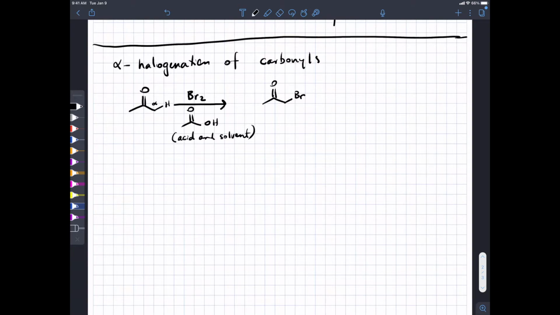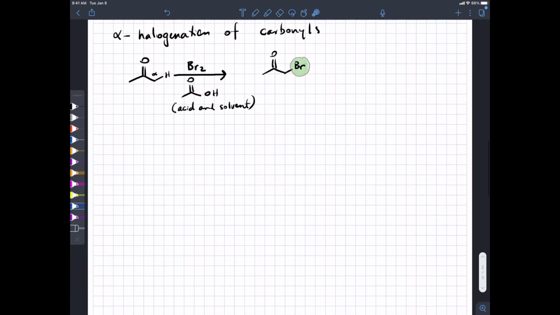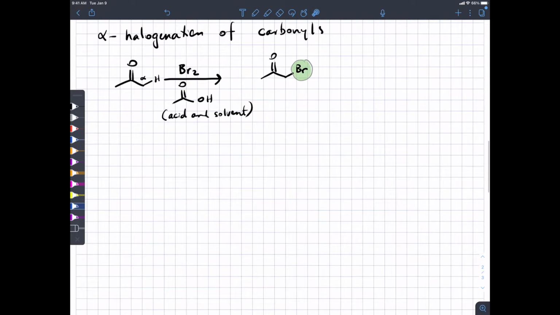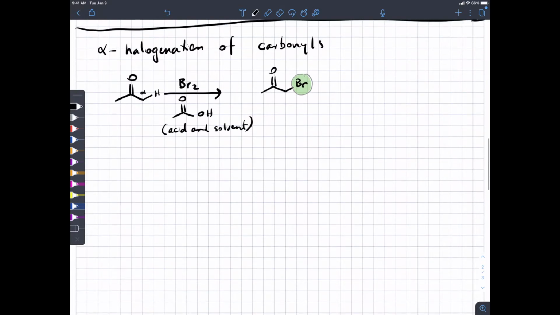And of course, bromine is useful now because this is a good leaving group. So we can do some of the same things we've been doing all along with good leaving groups, reactions that we learned in 351. Briefly, the mechanism of the reaction involves first protonating the carbonyl oxygen.